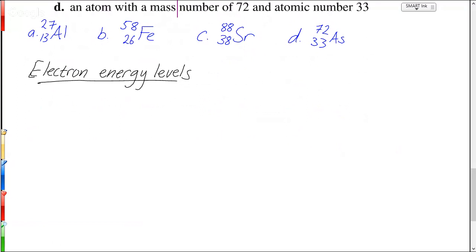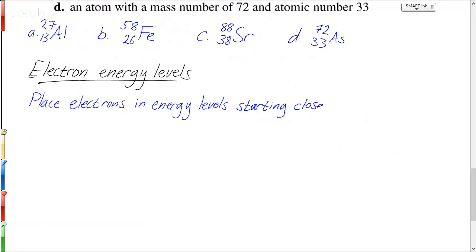So what we do is we place electrons in energy levels starting closest to the nucleus, and those are going to be the lowest energy.